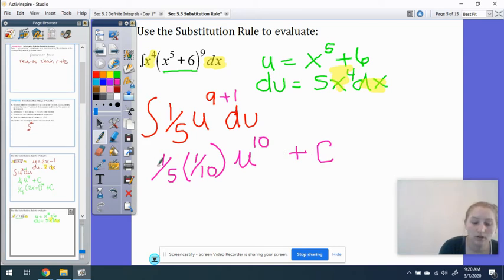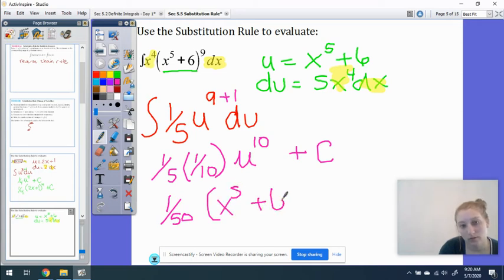So now we can go ahead and simplify this, and then we're going to replug back in our u. So we're going to say 1/50th, because 5 times 10, x to the 5th plus 6 to the 10th power plus c. Okay.